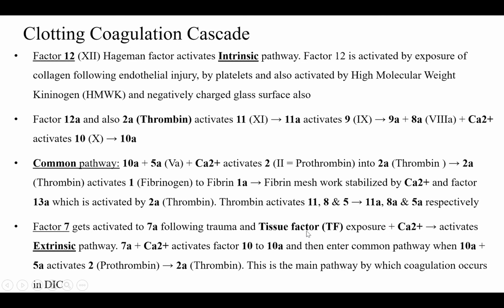So along with tissue factor and calcium, you have activation of factor 7A that causes the stimulation of the extrinsic pathway. 7A plus calcium activates factor 10 to 10A, and as we mentioned, 10A is when we enter the common pathway, and then 10A activates 5A, we already talked about right here, and factor 10A plus factor 5A activates prothrombin to thrombin, and this is basically the main coagulation pathway that occurs in DIC.